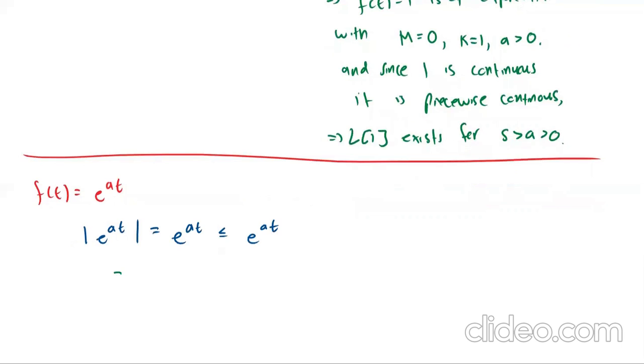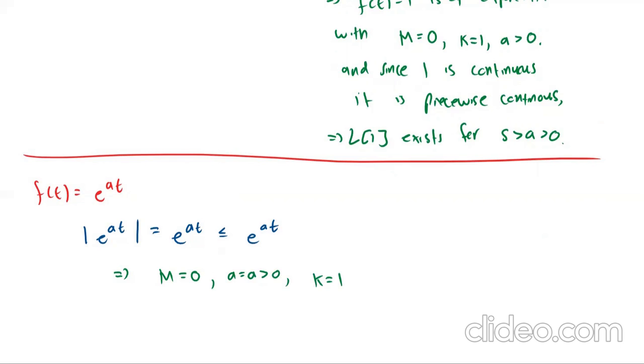So what are our constants? This works for all t, so we can take m to be equal to 0. This is saying that this works for all t greater than or equal to m, which is 0. A is just a, but let me just say that we're assuming that it's greater than 0. And k is 1. So this function is of exponential order.